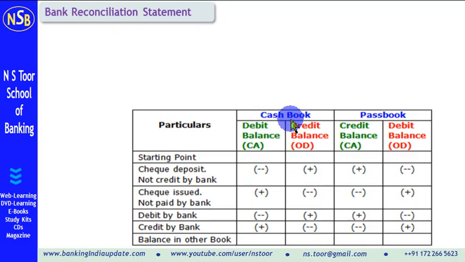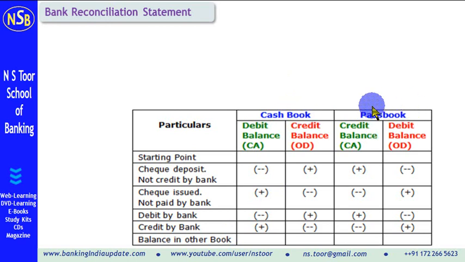Normally we are told the opening balance, which we call the starting point, and then we are supposed to find out the destination point, the balance which is likely to be in the other book. So balance in cash book is given.